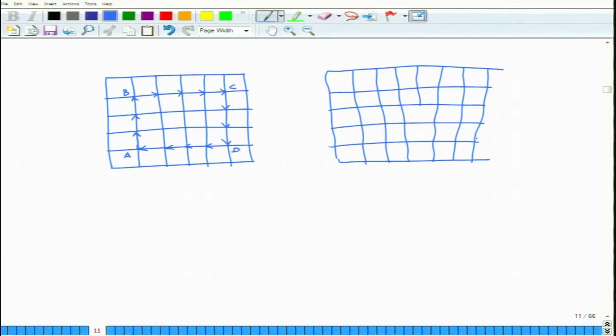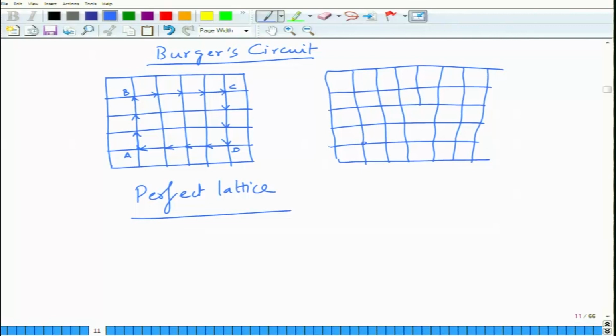Now if we again do this circuit, this is called the Burgers circuit. This is the perfect lattice. In an imperfect lattice, you again start from point A, go one step up, another step, reach point B, then 1 step, 2 step, 3 step, 4 step.